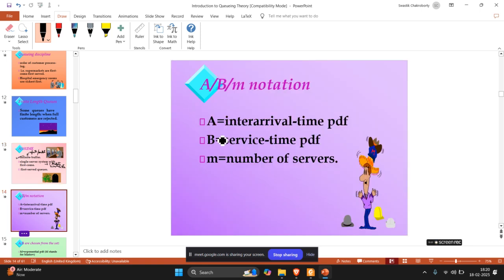So here we have the A/B/M notation. We follow the A/B/M notation for denoting a queue, where A is the type of PDF followed by the inter-arrival time, and B is the type of PDF followed by the service time. So say this can be Markovian, this can again be Markovian, so MM.